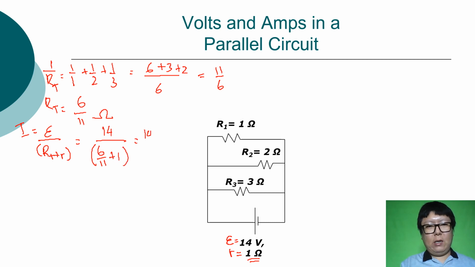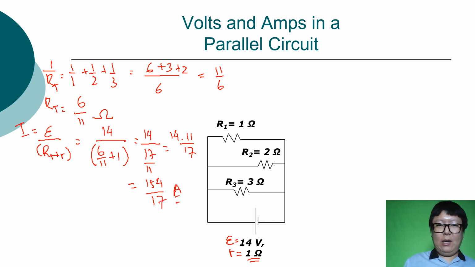Then 14 over, this one becomes 11 per 11, so becomes 17 per 11, or 14 times 11 per 17. So the answer is 154 per 17 amps.